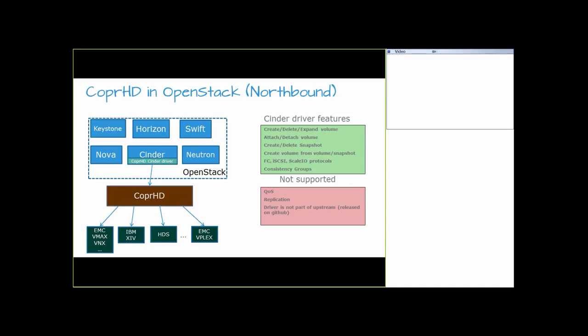We have lots of arrays. But as far as Cinder is concerned, there is only one driver, one instance. And that underlying array happens to be a kind of virtual array which has all these orchestration capabilities, and it does all that stuff behind the scenes. So some of the benefits of CoprHD we do get.